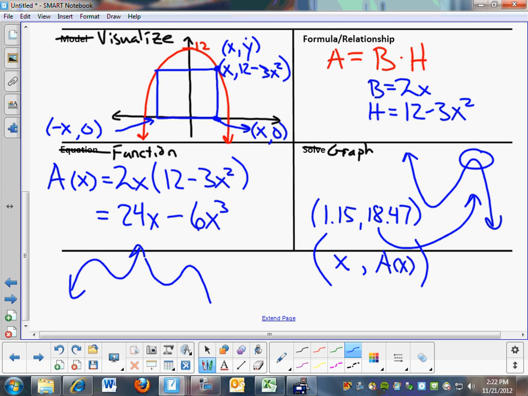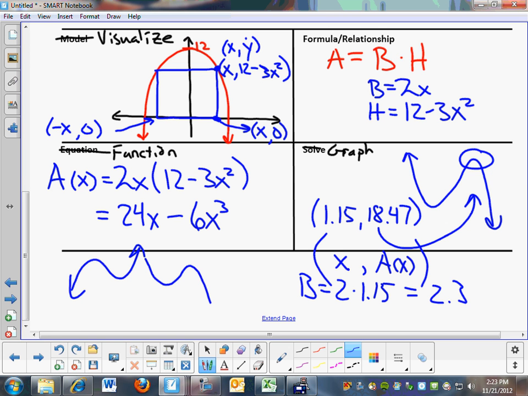Has that answered my initial question? My initial question is, what size should this rectangle be? If x is 1.15, what's the length of the entire base? Yeah, the base is twice x. So the base is 2 times 1.15, which is 2.3.